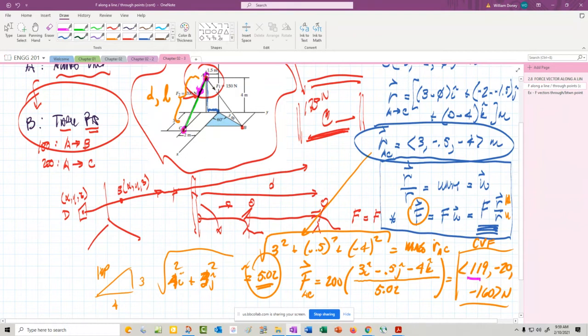So 119 in the positive X. Is it going in the positive X that way? Yes. What about in the Y direction? It has to be pulling in the minus Y. Well, it's starting up here, and it's pulling back a little bit. Not a lot. Well, there's a little bit. And in the Z, because it's negative there, it has to be pulling down, which that certainly is.